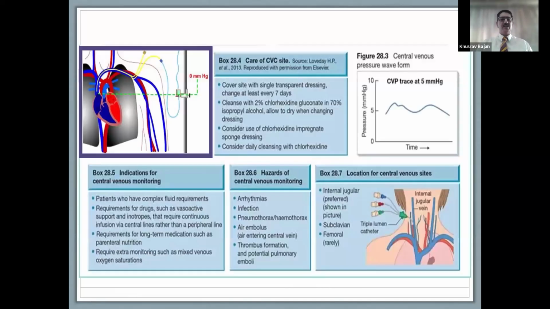This is another chart of the CVP, which tells you the sites where you should be putting it. It gives you a tracing and the indications and even the complications of the CVP, which I cannot really get into details here.